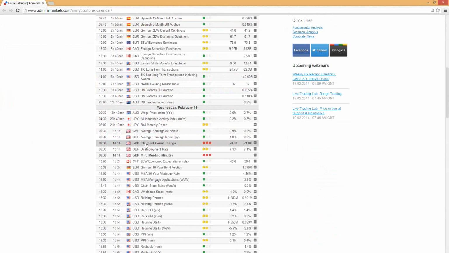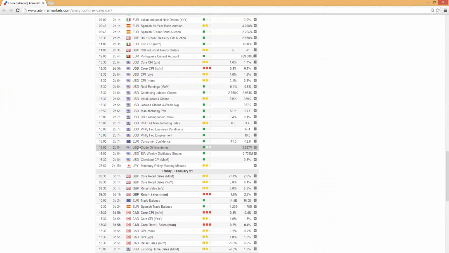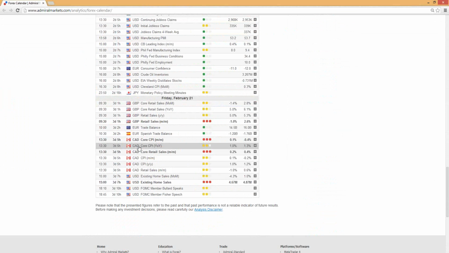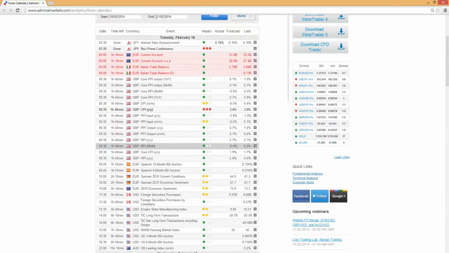Pound meeting minutes tomorrow. We have tomorrow FOMC meeting minutes for the US, so that could be, of course, very interesting. Both these meeting minutes for the pound and dollar to see which direction the dollar could go. PMI Germany Thursday, retail sales on Friday for the pound, and some CAD and USD. Good. FOMC, I guess, the most important at the moment.